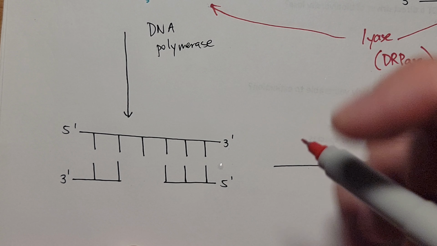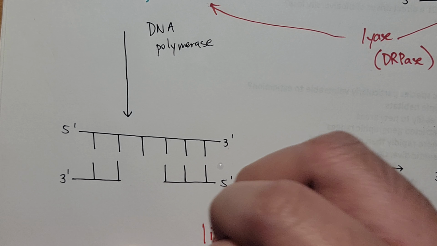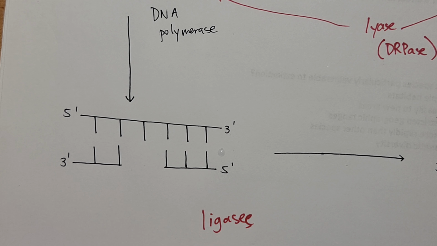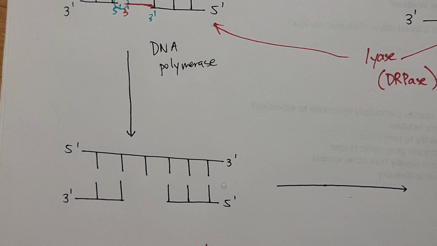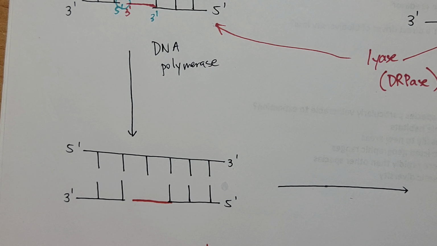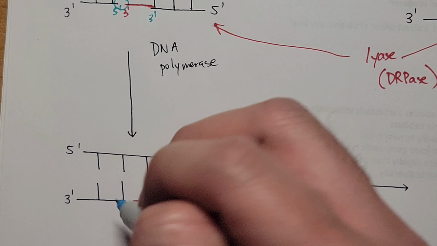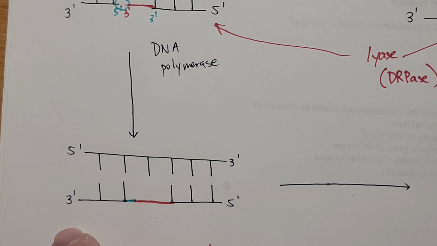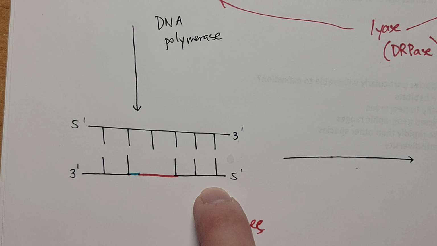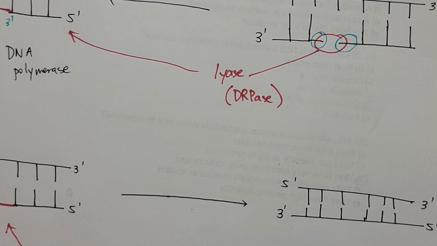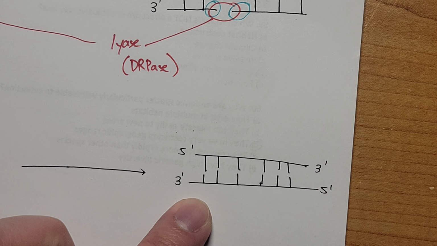That enzyme is called lyase. Let's say it was connected over here. Lyase will literally just come in and seal that gap. So now you will have one continuous DNA strand over here. Lyase did that, and now you have a repaired DNA.